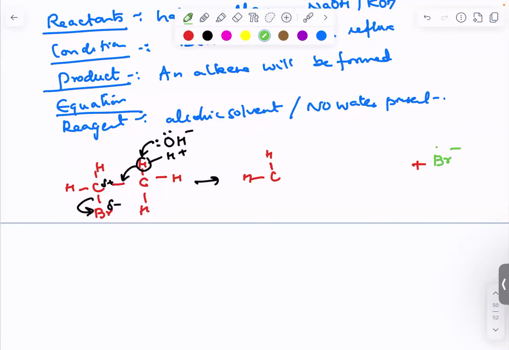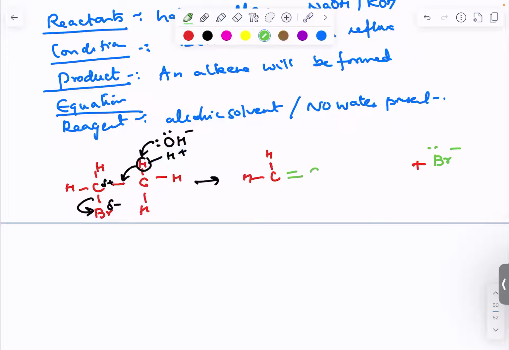Br negative. This is broken down. And then what is the next thing? That is, as I told you, that this hydrogen is leaving its electron here and it is going out as only H positive.